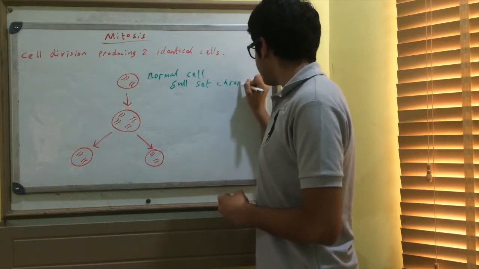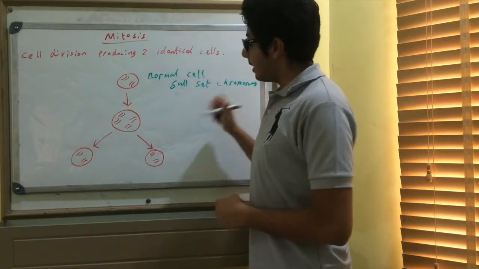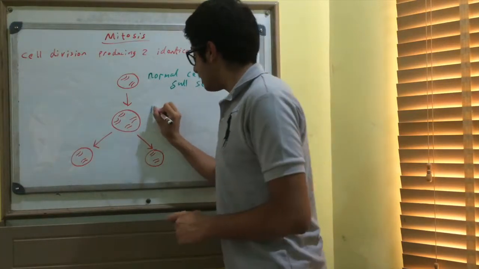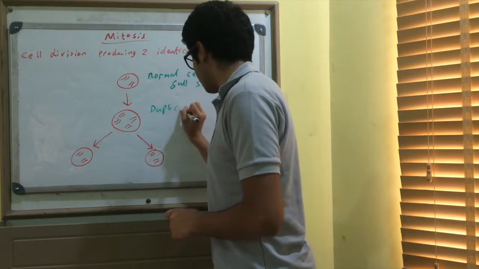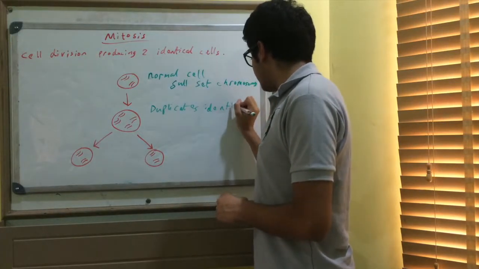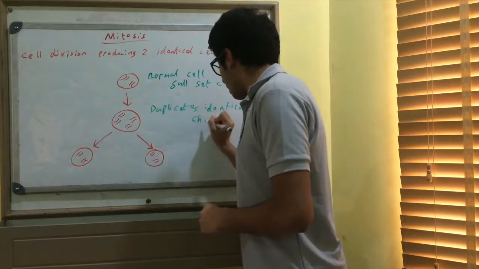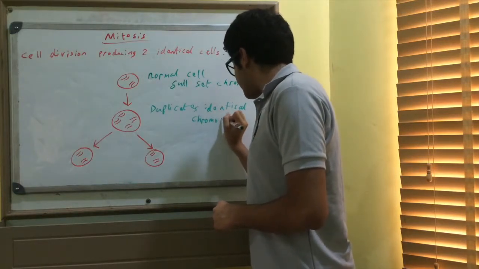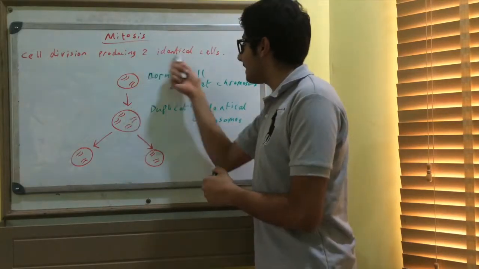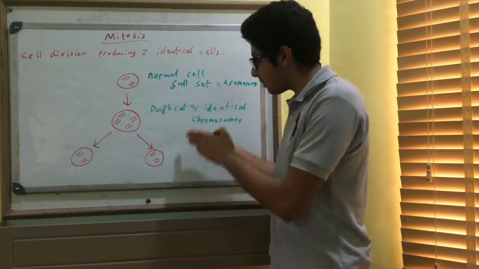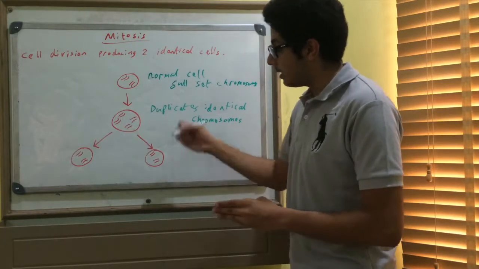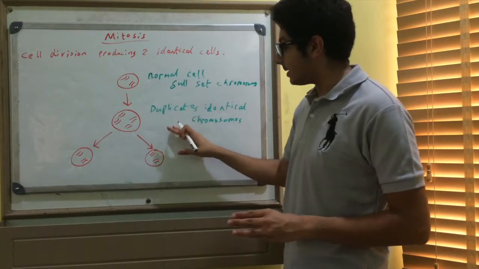Then, before the cell divides, it duplicates the chromosomes. So then duplicates the chromosomes identically. Identical duplication. Why? Because when it divides, it produces two cells which are identical because they have the same chromosomes, because they were identically duplicated. So this happens right before it divides.